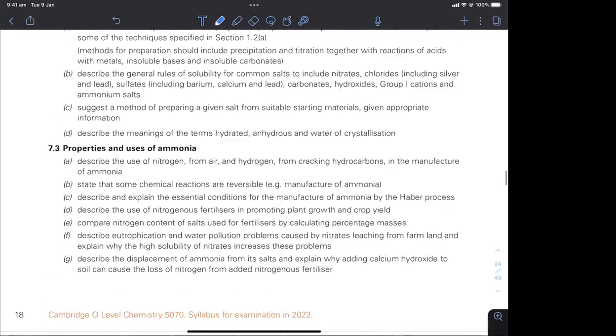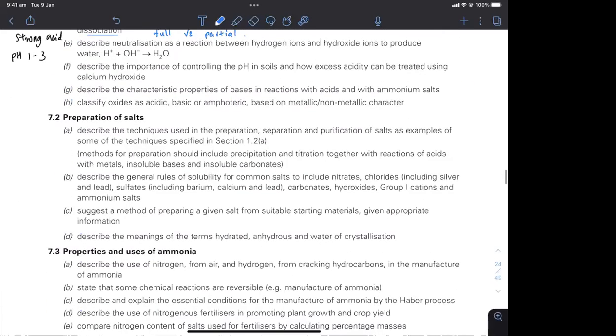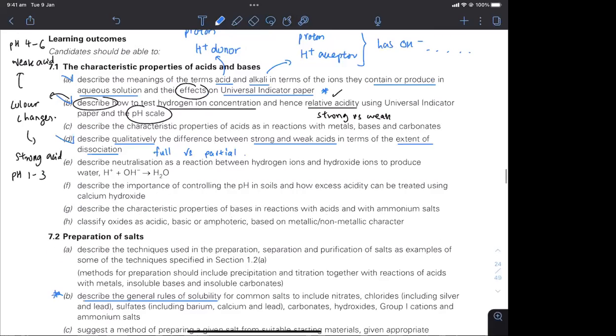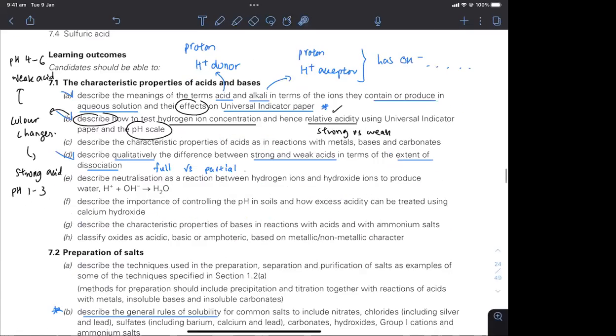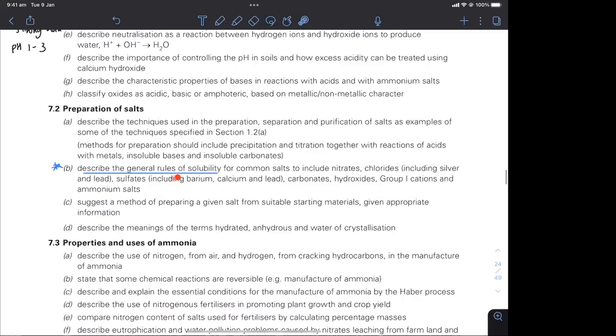Yes. Describe the general rules of solubility. It's in the 2022 syllabus. So if you have done the acids and bases topic, you have done preparation of salts, where you need to know the general rules of solubility. These are a set of rules, make sure you know all of them.